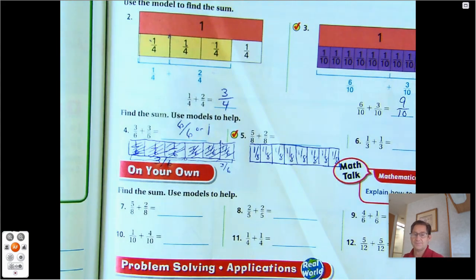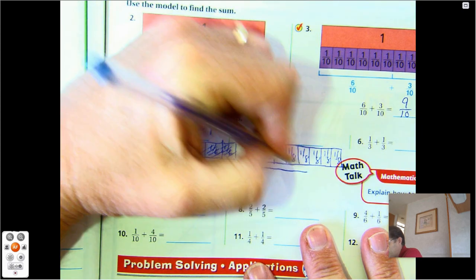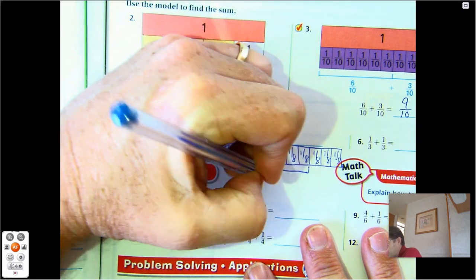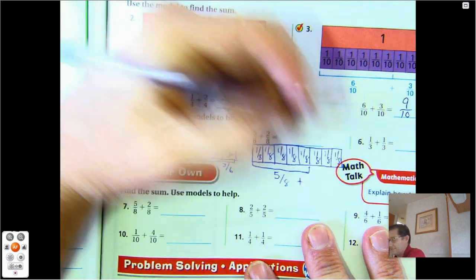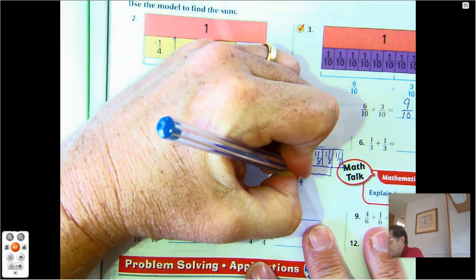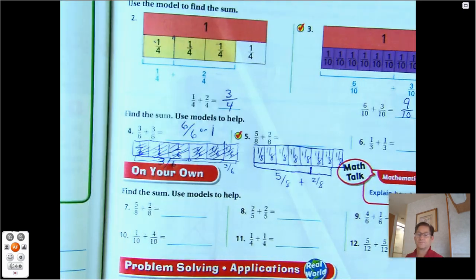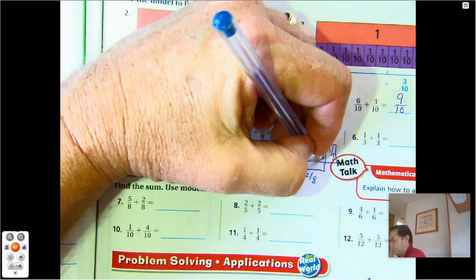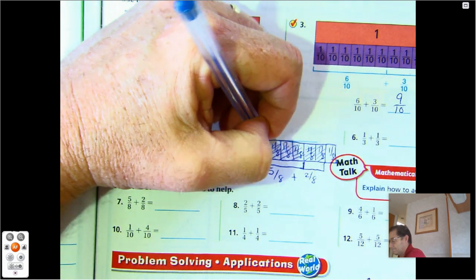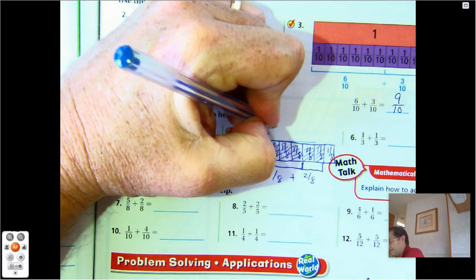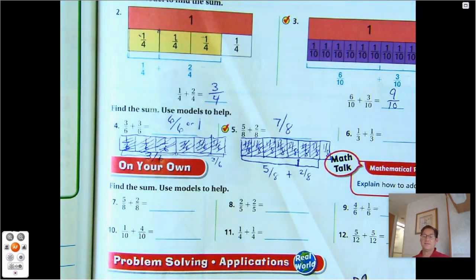In the first part, we have 5 of them. So we have 5/8 plus 2/8. So that would be 7/8. We have 7 1/8 size pieces for a total of 7/8.